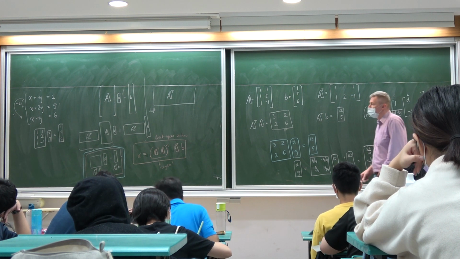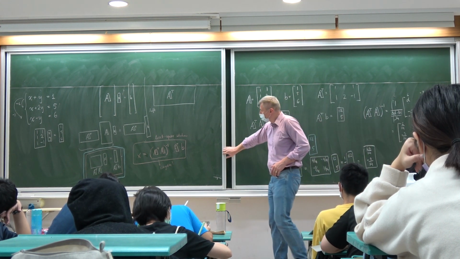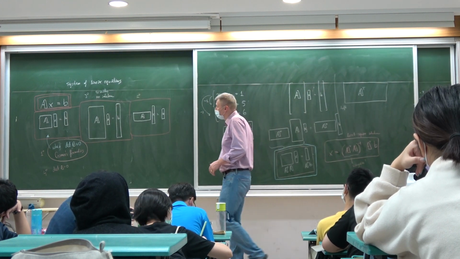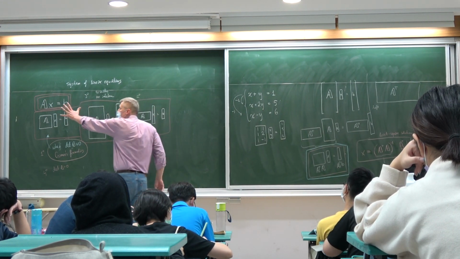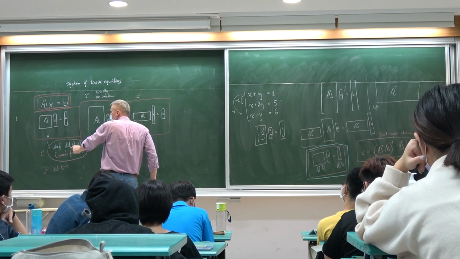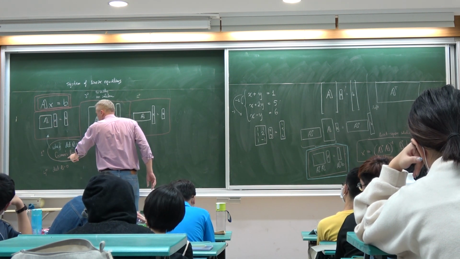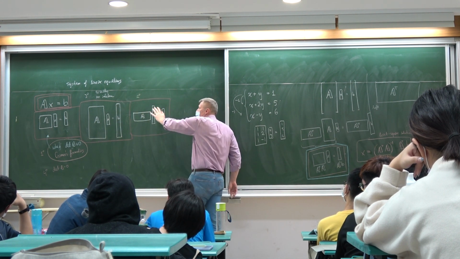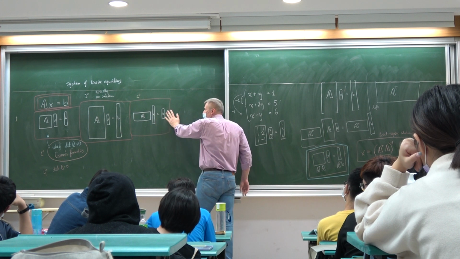Good. We know what to do. When we have a square problem and determinant is different than 0, we use Cramer's formula. When we have a long problem like that, we take part of the variables to the right-hand side.